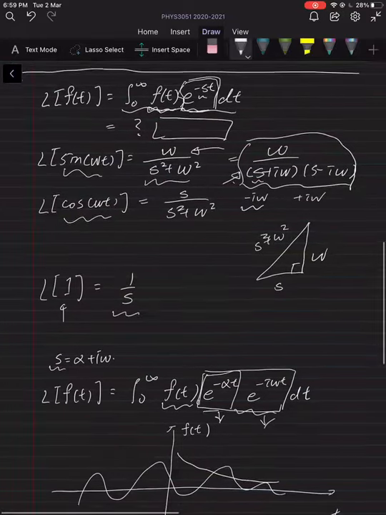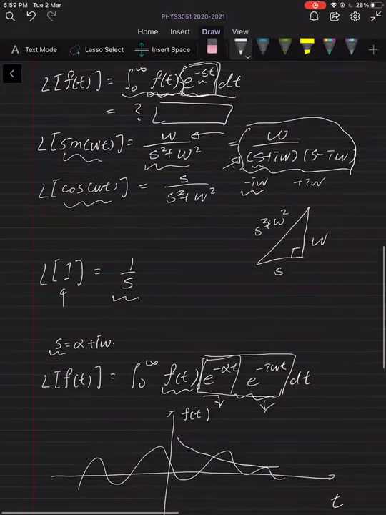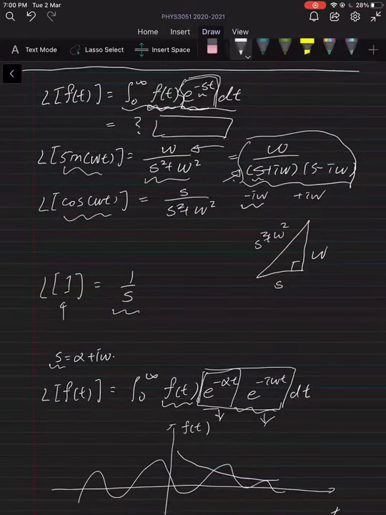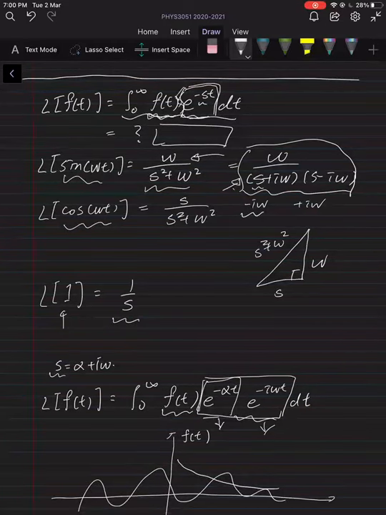So it simply means when your basis function matches exactly to your f of t here, then the integral will diverge to infinity.